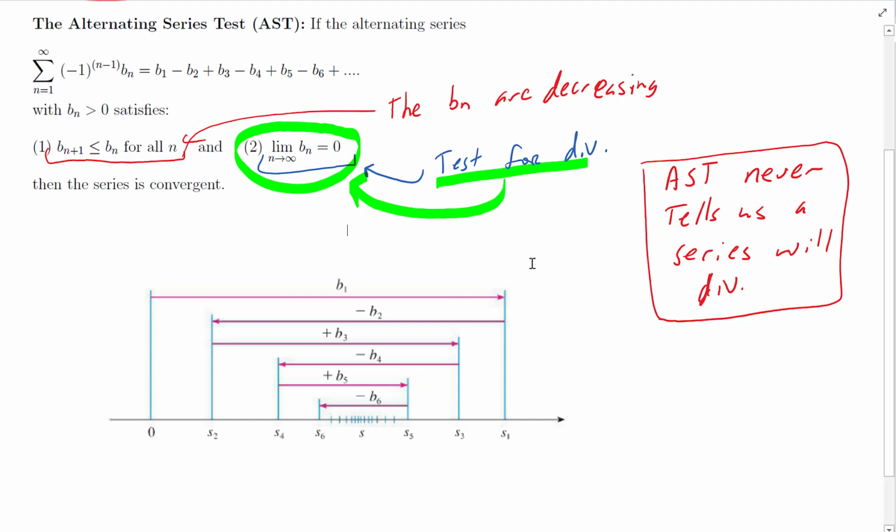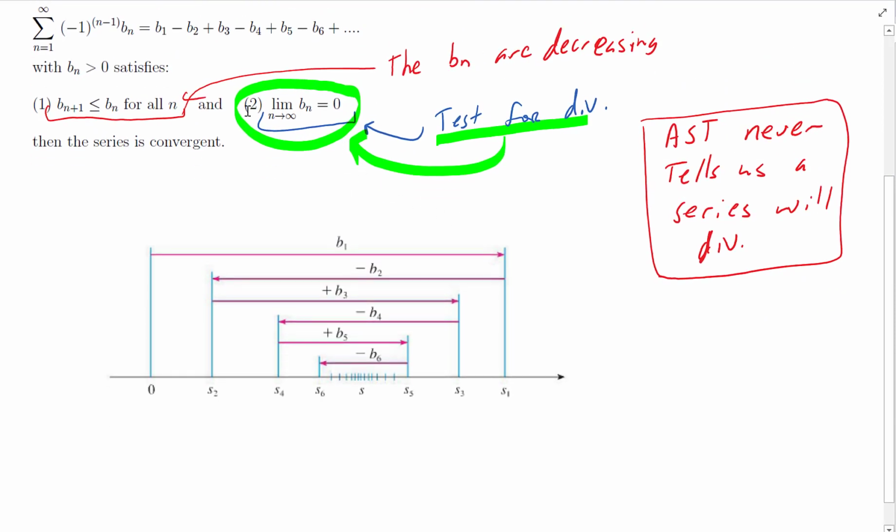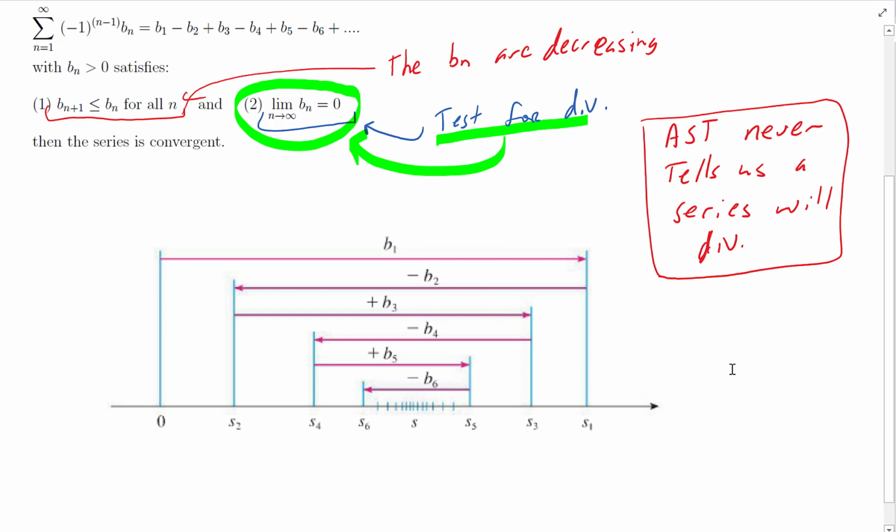Now you may ask, well, why does this work? Let's assume the first term's positive and then they alternate signs. If you think about your running total, b_1 is some value, it's positive, it goes up to this line right here, and I get s_1, our first partial sum.